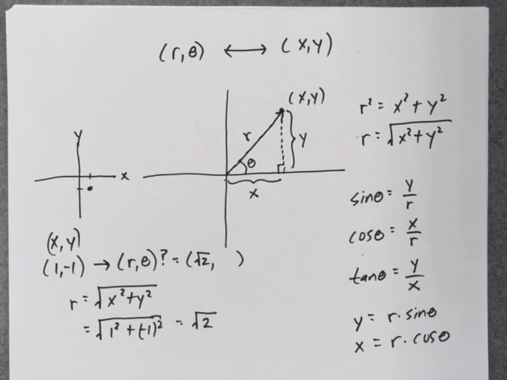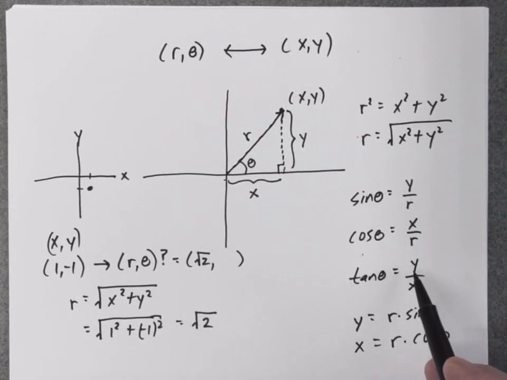Now theta is interesting because we've got all these different equations with theta. You know what I'm going to do? Sometimes you can use whichever one you want, but sometimes you can choose smartly. You're going to see why in a minute, but I'm going to use this equation.